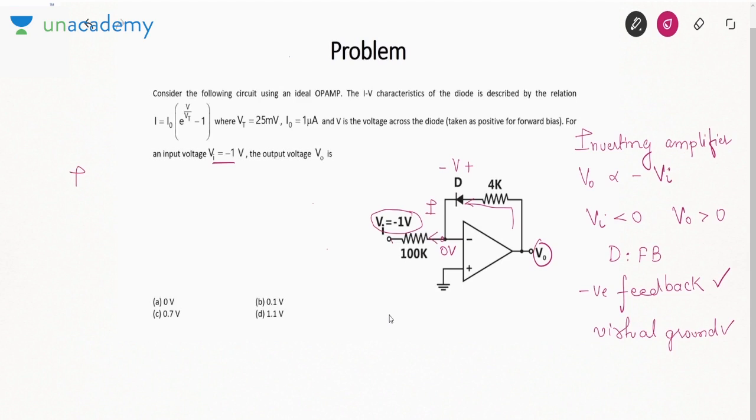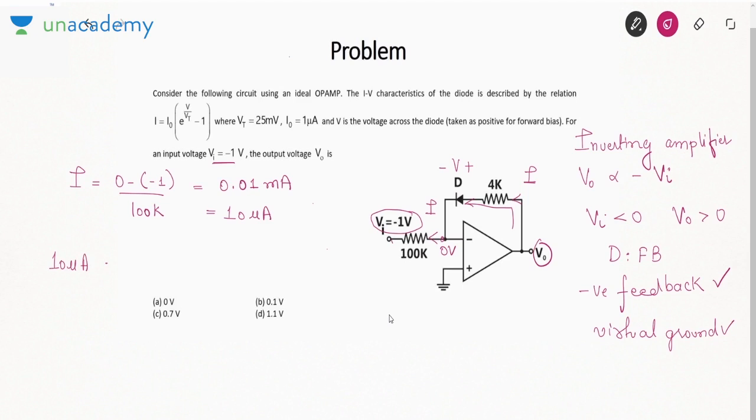I will be 0 minus 1 by 100k, that is 0.01 milliampere, or you can say 10 microampere. Since the op-amp does not carry any current, this current I will flow like this. That means the current through the diode is 10 microampere.